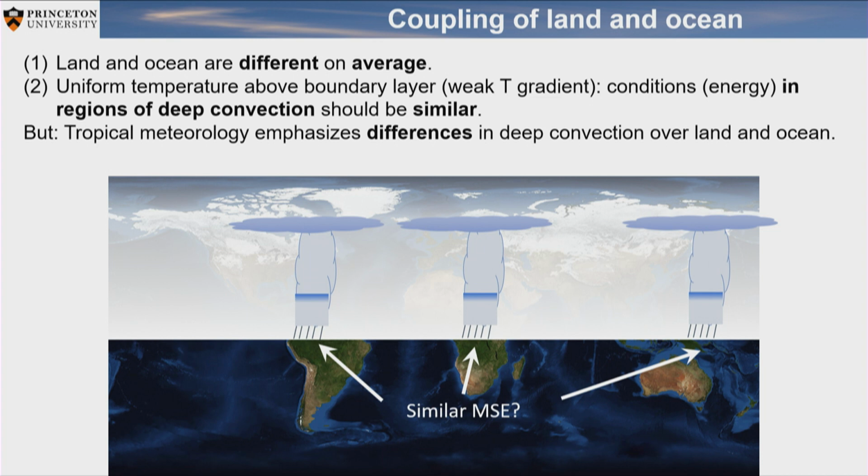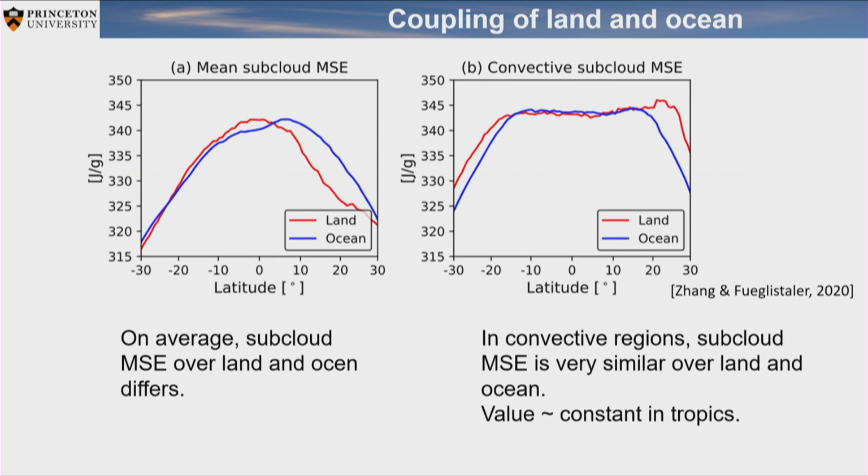And so the question then is, are conditions over land when you have convection coupled to conditions over ocean when you have convection? So we looked at that problem, and my student Yi Shang calculated the mean subcloud moist static energy in the tropics, separated into land and ocean.